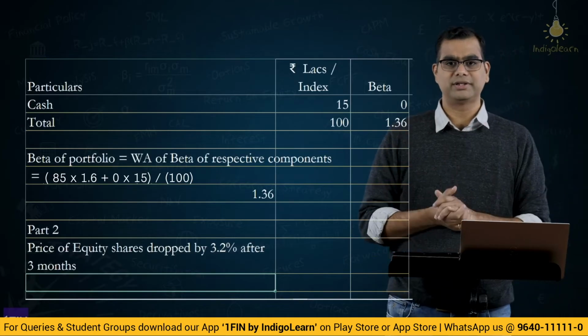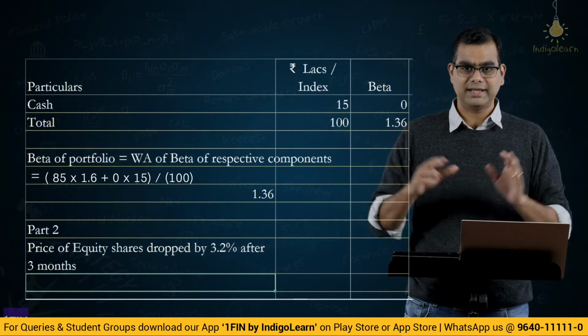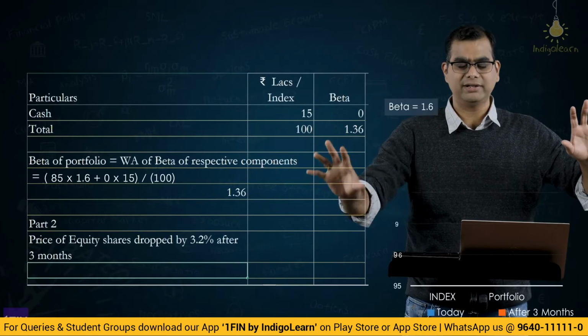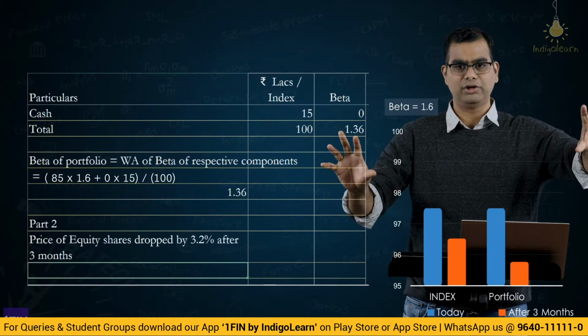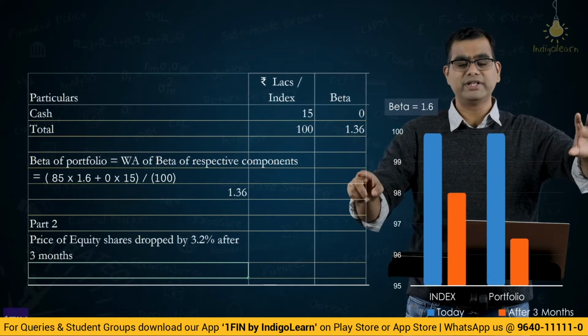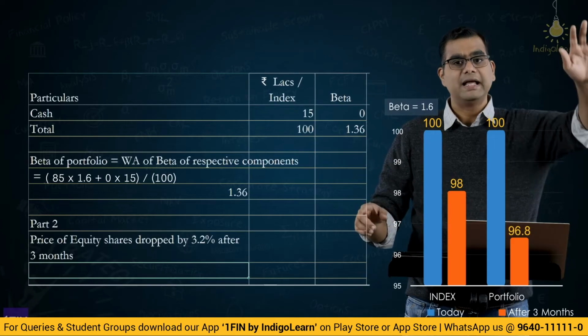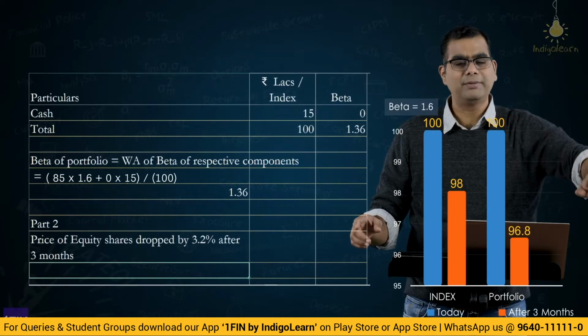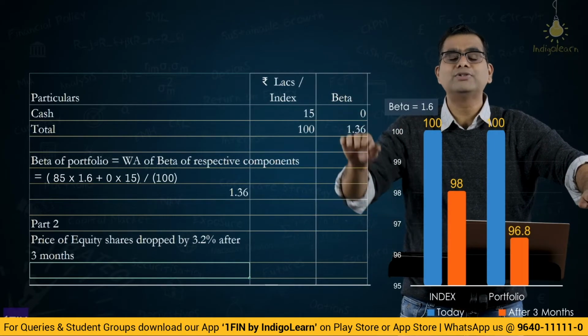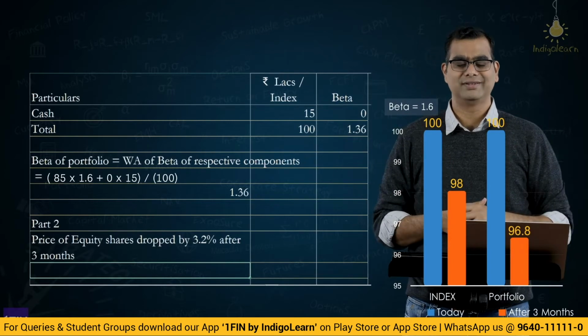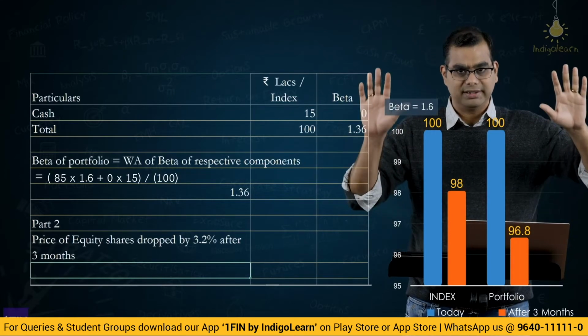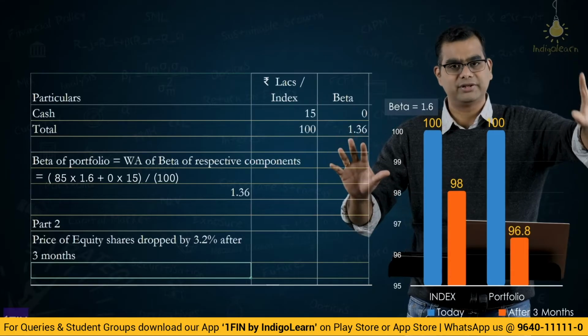What is the meaning of this statement? It simply means that when you have a market or an index and you have a portfolio, the linkage between these two is beta of 1.6. The portfolio dropped by 3.2. So, how much would the market have dropped? Getting the point? There is a market index, there is an equity share portfolio.